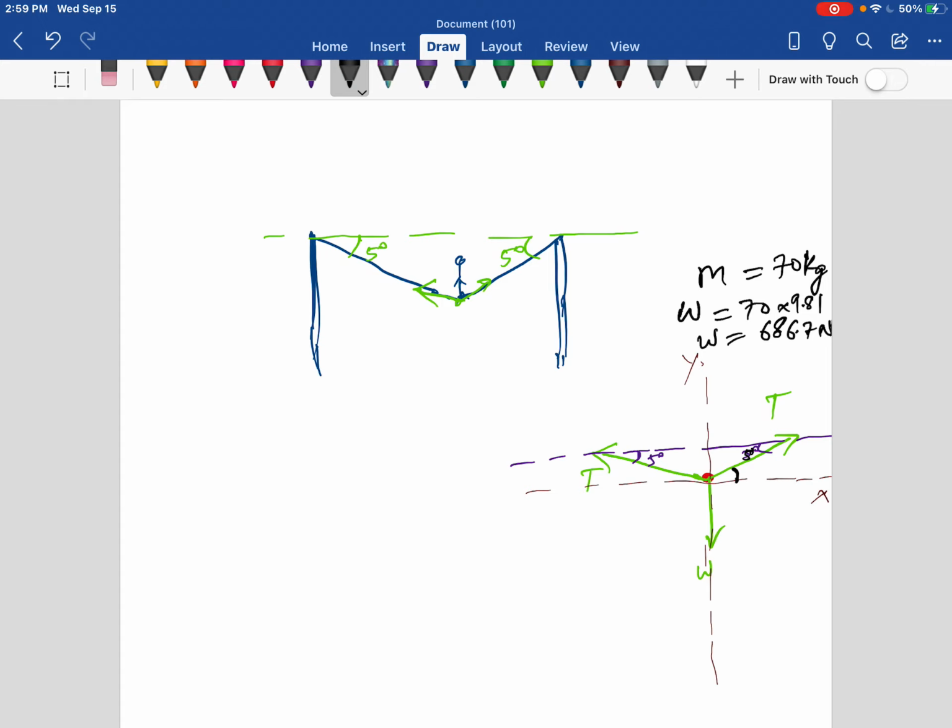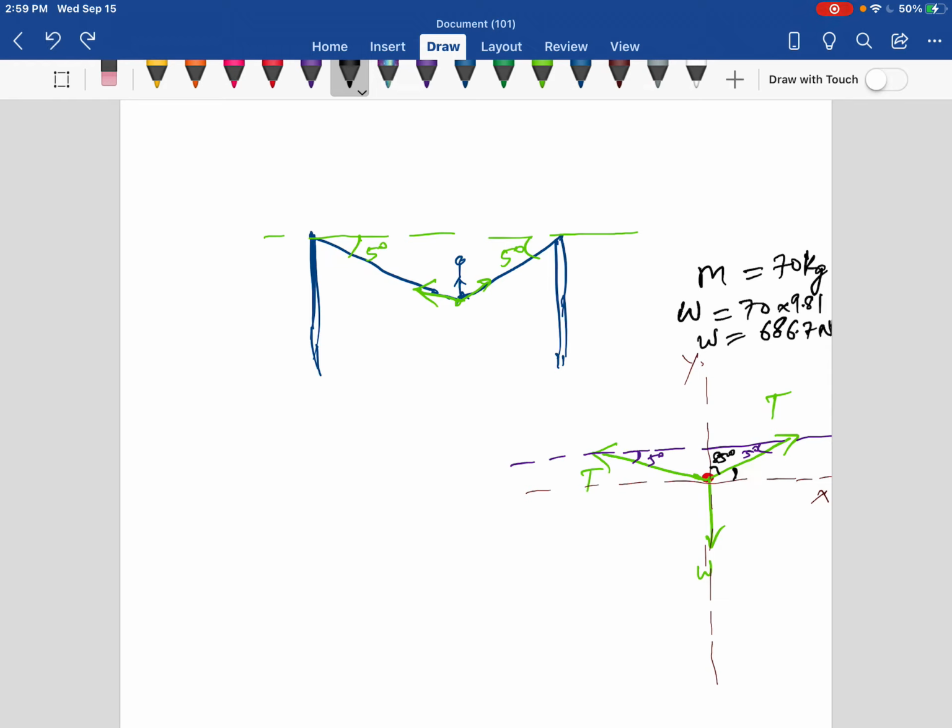You can find this angle by knowing the 5-degree angle right here. Because this is 5 degrees, this has to be 85 degrees. And if that is 85 degrees, then this is 85 degrees, and this is 5 degrees again.